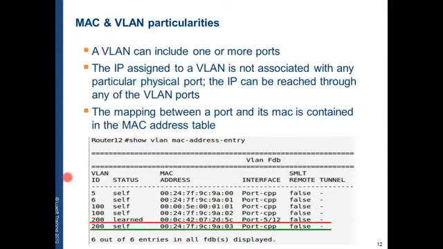The mapping between port and MAC is contained in the MAC address table. Here in this show output, you have the MAC entries from a router, and you can see the VLAN ID in this column. The status shows if it is locally configured or it is a MAC learned from another host, then the MAC address itself, and the port where the MAC is learned from.